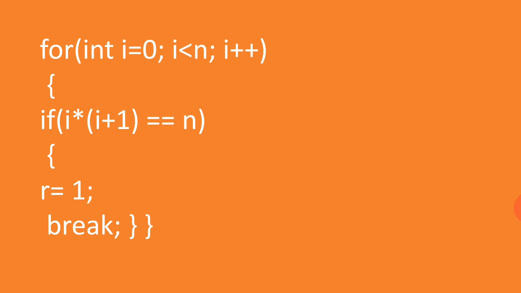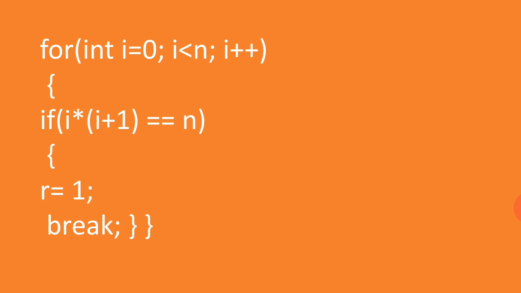So we write here, if i asterisk, which is meant for multiplication, that is a product, (i plus 1) means if i is the number, then its next number will be i plus 1, so that's why the product of i and i plus 1 has been taken here.